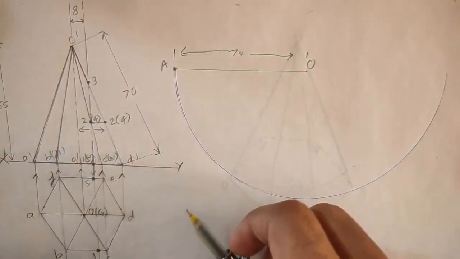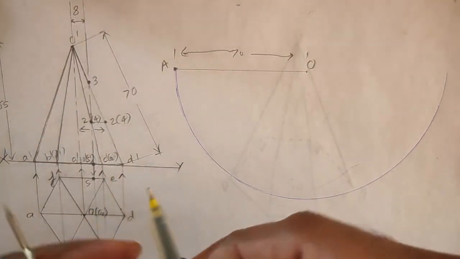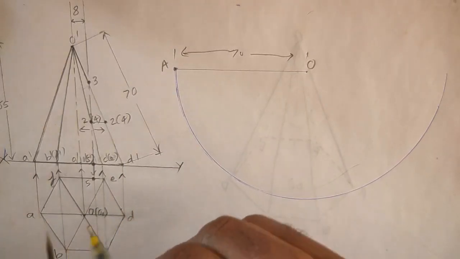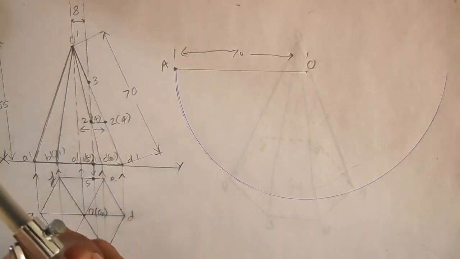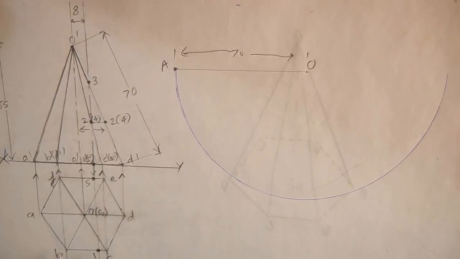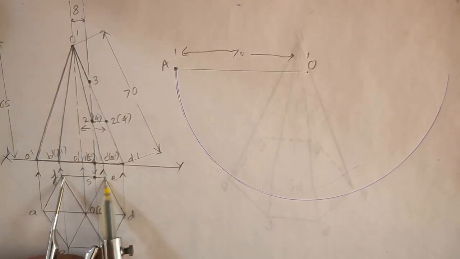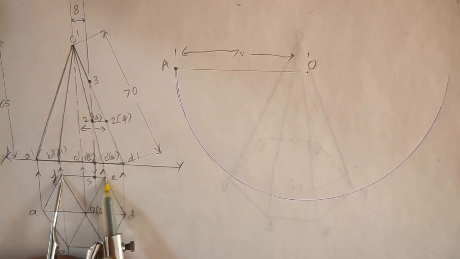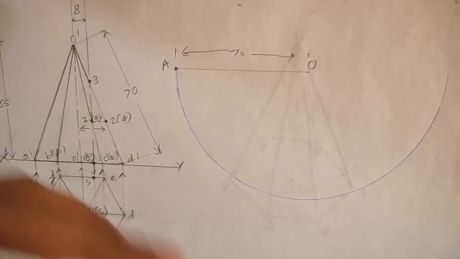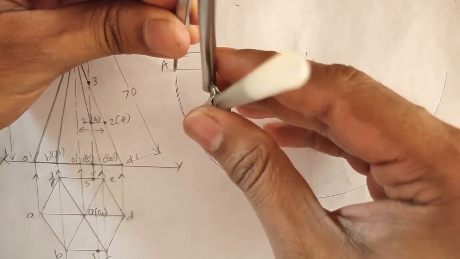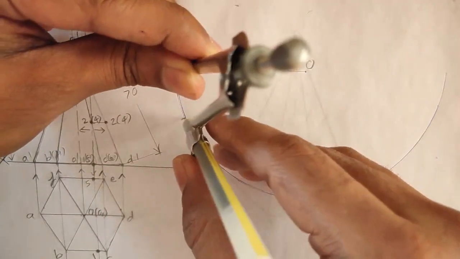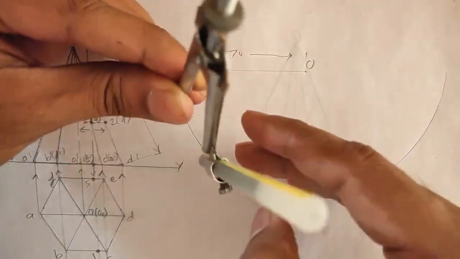So I'll measure 25 mm, and then I'll go on marking the remaining points 25 mm away.